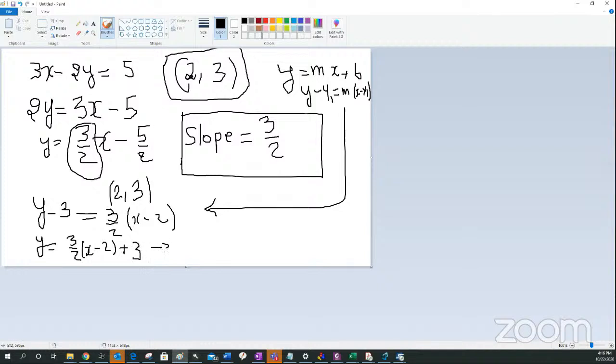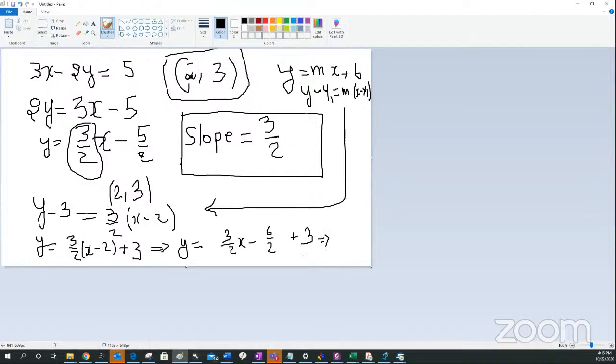Which also gives you y equal to 3 over 2 x minus 6 over 2, then plus 3.